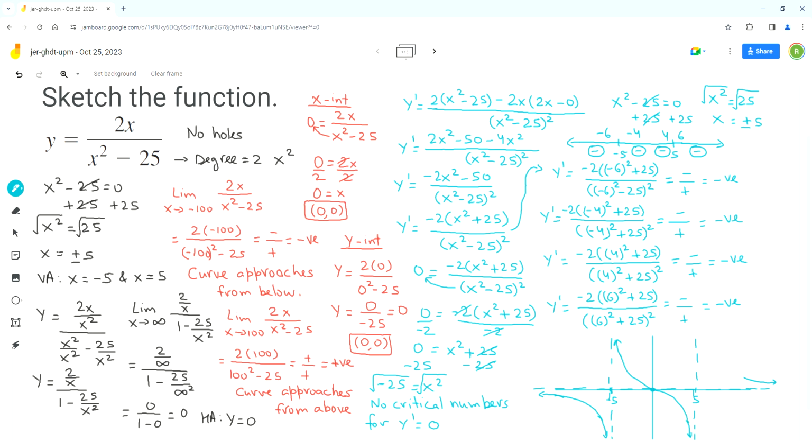Now on the right side of x equals 5, the function is decreasing, so we can extend the curve like this to join the other part around the horizontal asymptote. So this can be the sketch of the function. So I'll just make it more curvy like this.